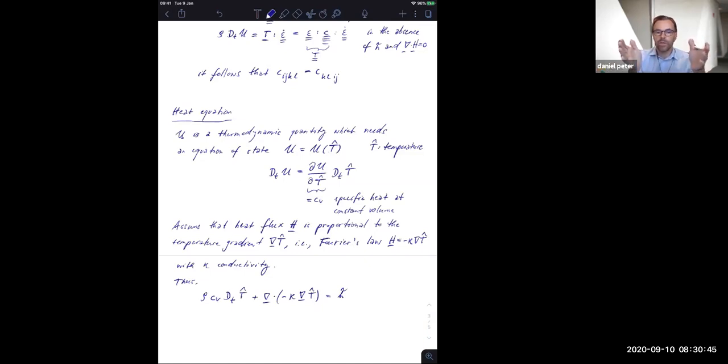For us, when we look at the solid, heat flux is driven by conduction. There's no convection, and we ignore the radiative part. So that's why we can just use Fourier's law, which relates heat flux to the temperature gradient in a linear way, basically, using the conductivity.